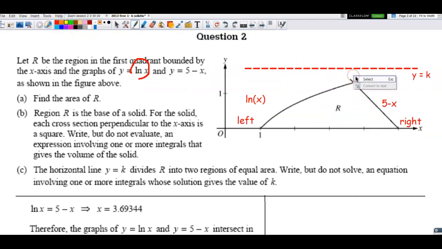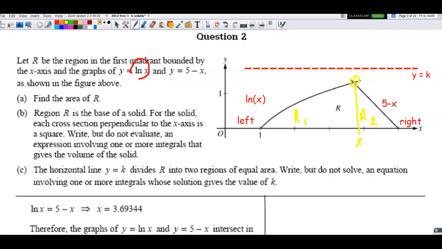If we find this point of intersection right here, and let's see how well this line comes down. That's pretty good. All right, so if we find that value of x right there using the calculator, then we can find the area of region number 1 under ln of x, and then find the area of region number 2 under 5 minus x and add that together.